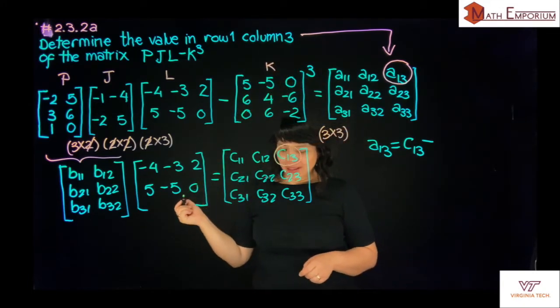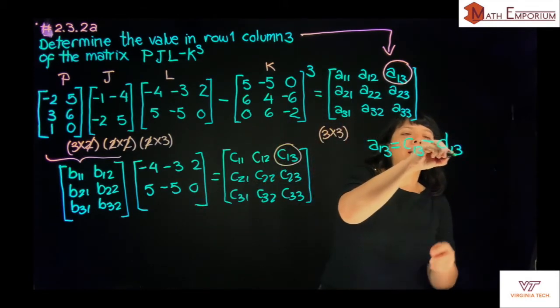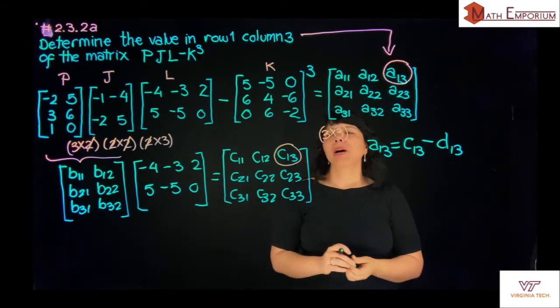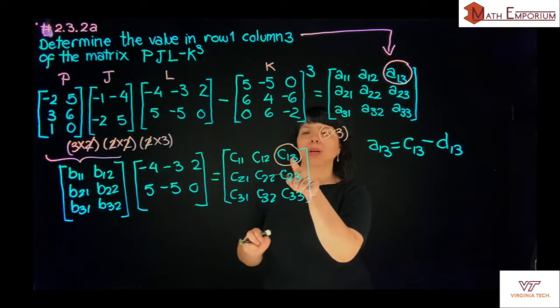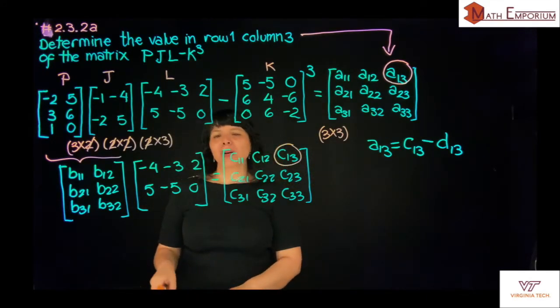So we're going to call that D13. I'm going to tell you in a moment how we compute this one, but let's focus on computing C13. Okay, so how do we compute C13?